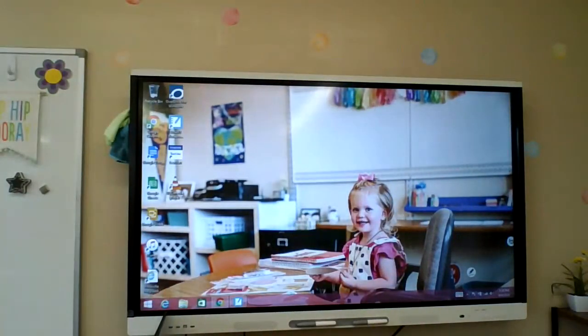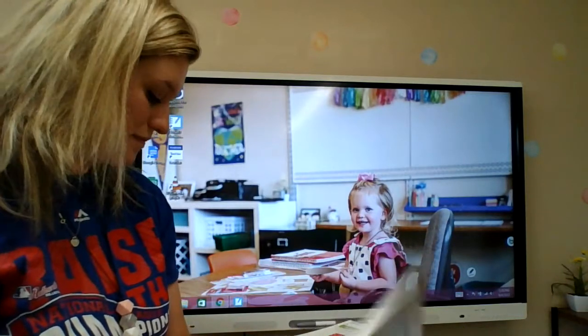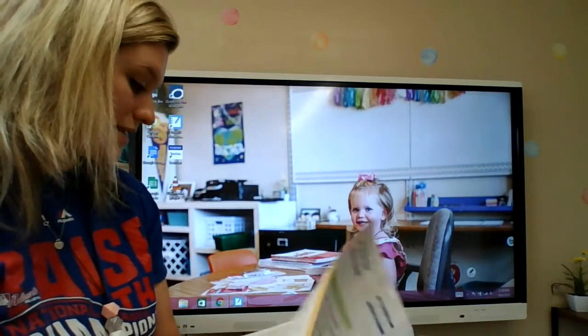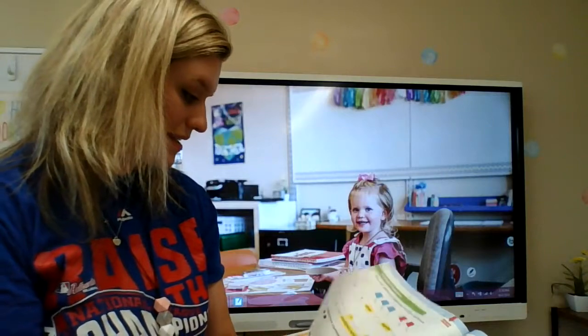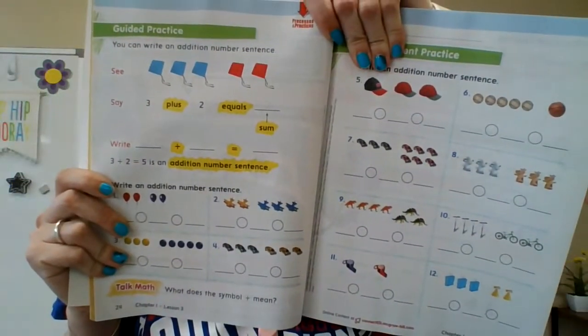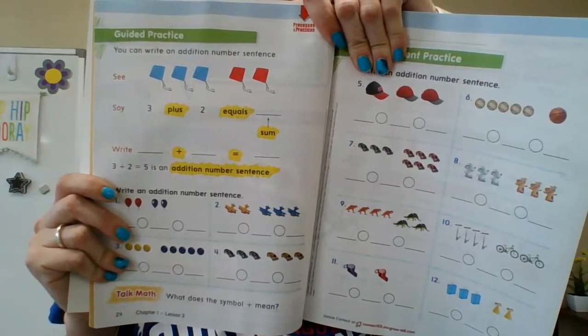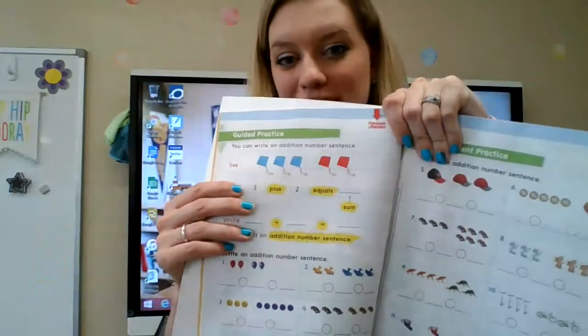I'm going to get a math book real quick and I'll show you. All right, this is what your page should look like. Okay, this is the page we're going to work on.